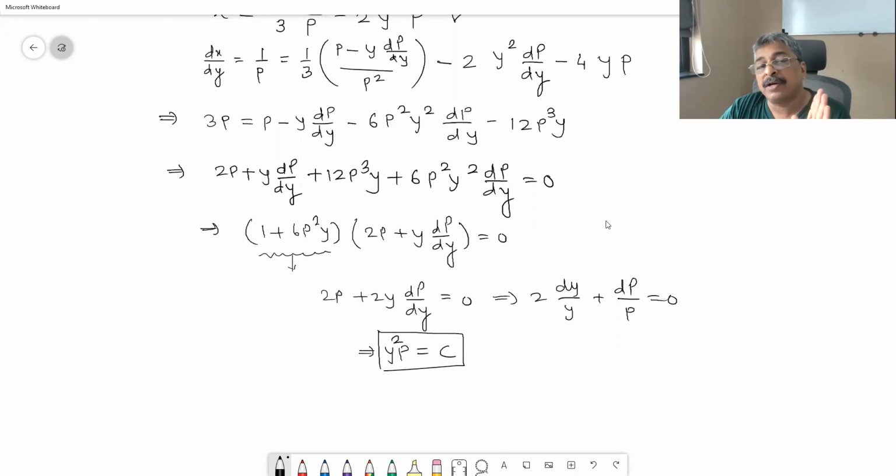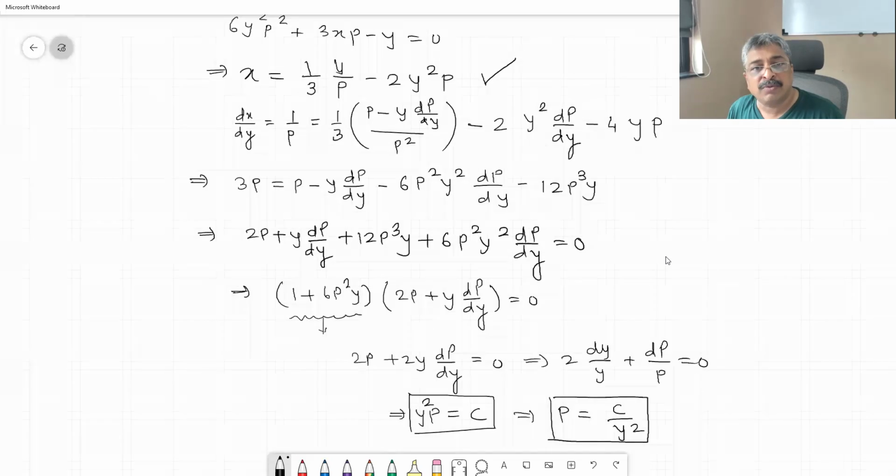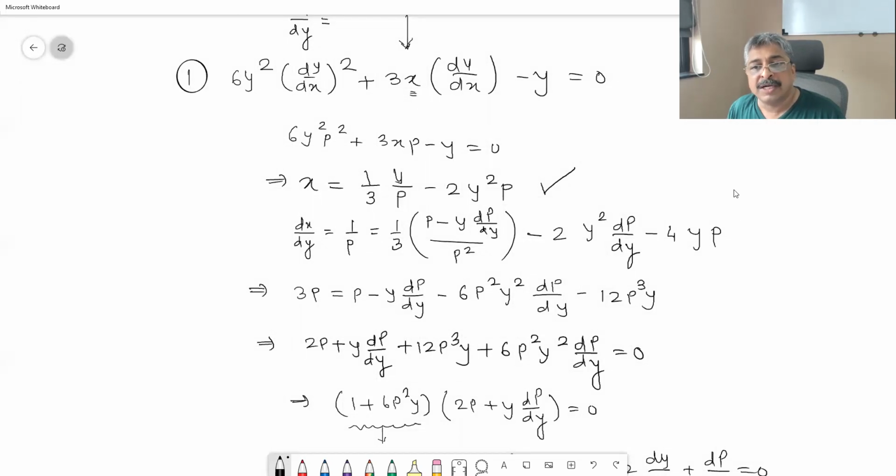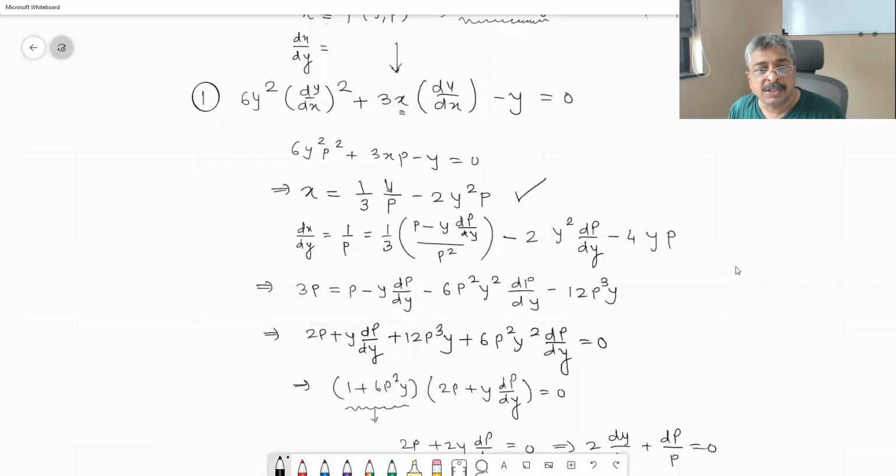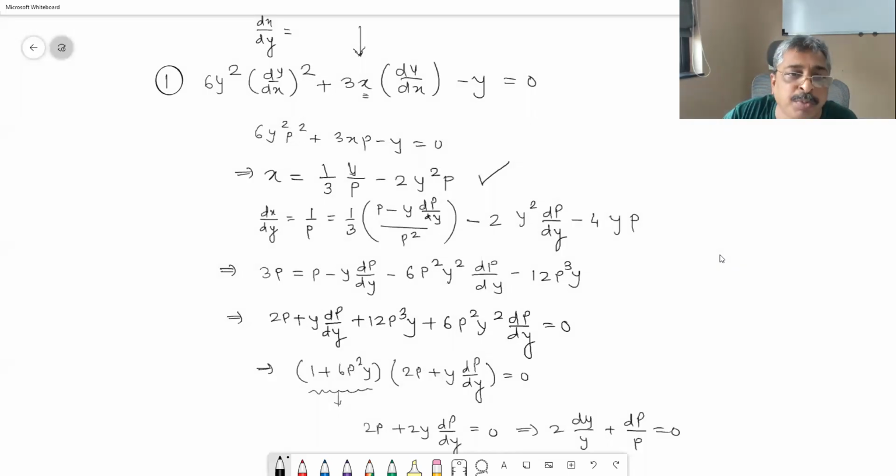Up to this point it is fairly simple. Therefore, this implies p is equal to c upon y square. Now, in our mind we have p as dy by dx, so we are supposed to solve the given differential equation. This differential equation has P in it.